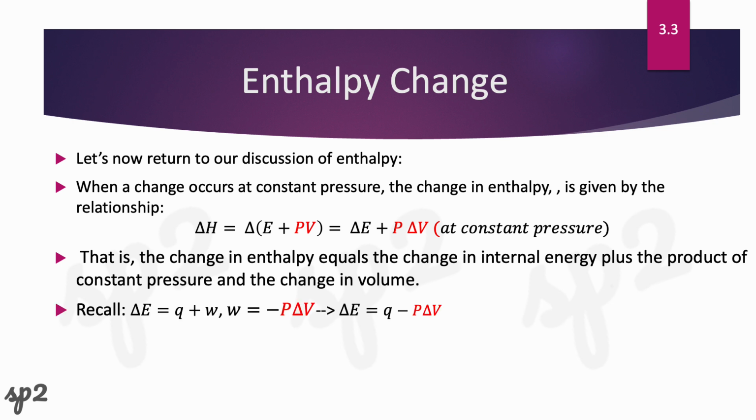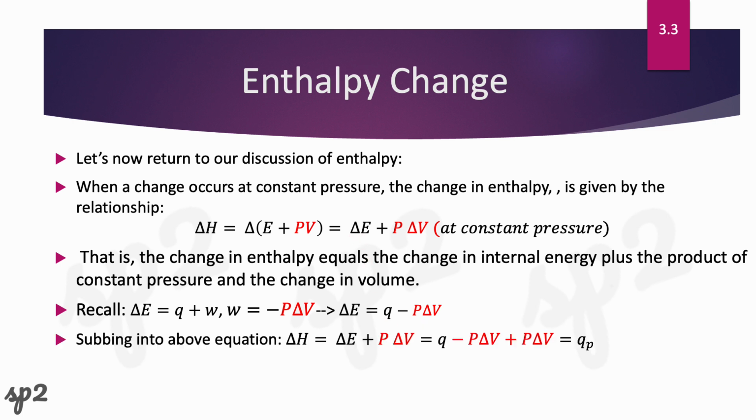Now, a quick reminder, we said that delta E goes by Q plus W, and I'm just going to replace W with the term that we have in our previous slide. That means your delta E goes by Q minus P times delta V. And now what I'm going to do here, bear with me, I'm going to replace this whole thing for my delta E. Now guess what?